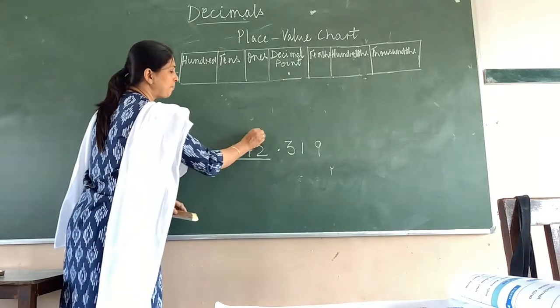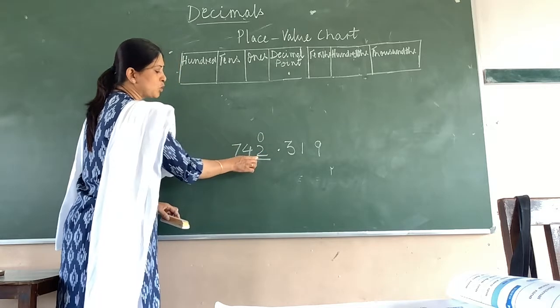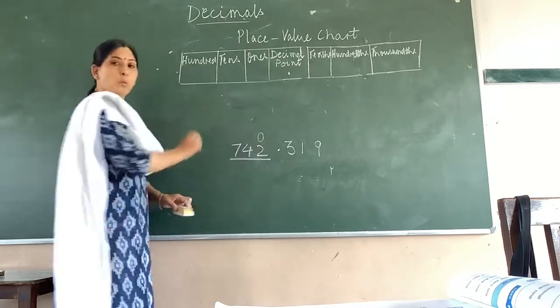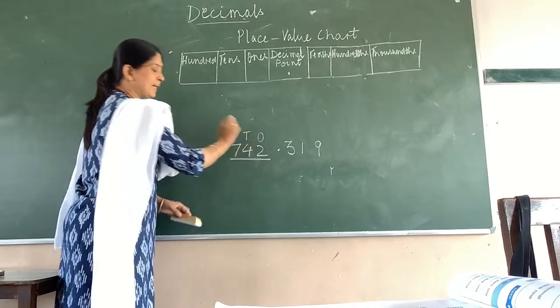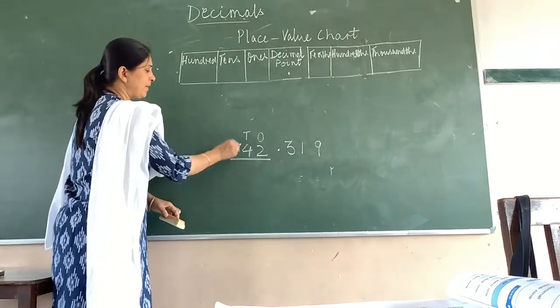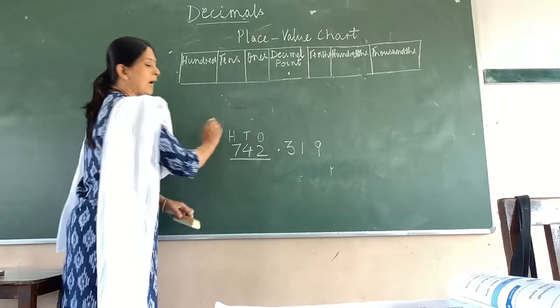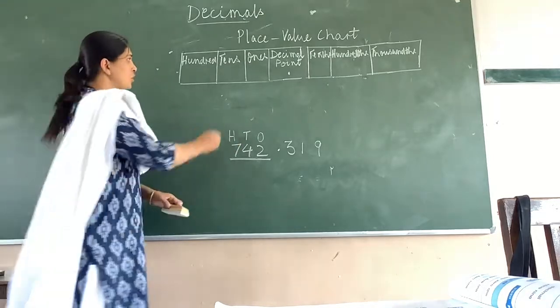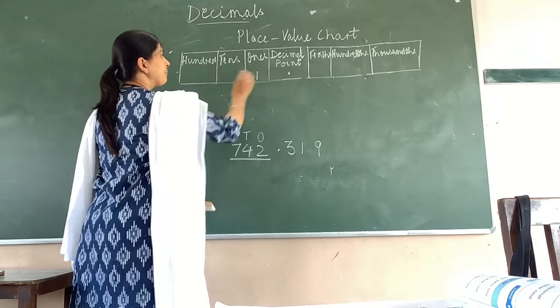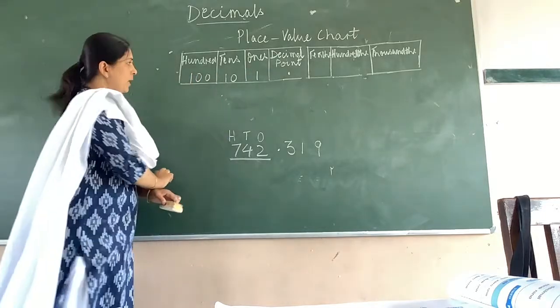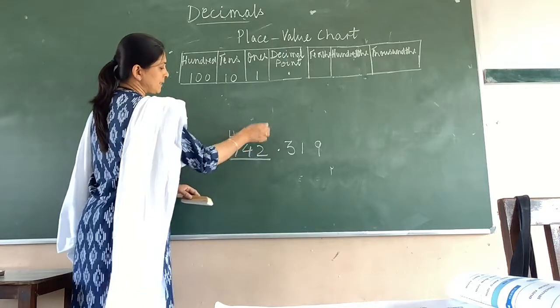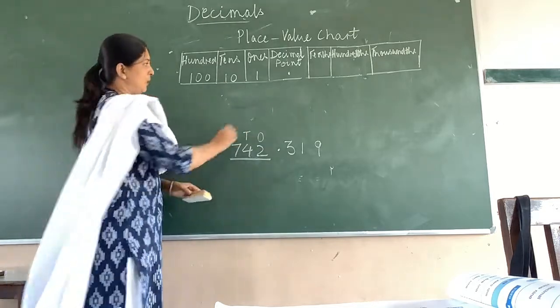In which place is 2? 2 is in ones place. 4 is in which place? Tens place. 7 is in which place? Hundreds place. You know this? So ones, tens, hundreds.